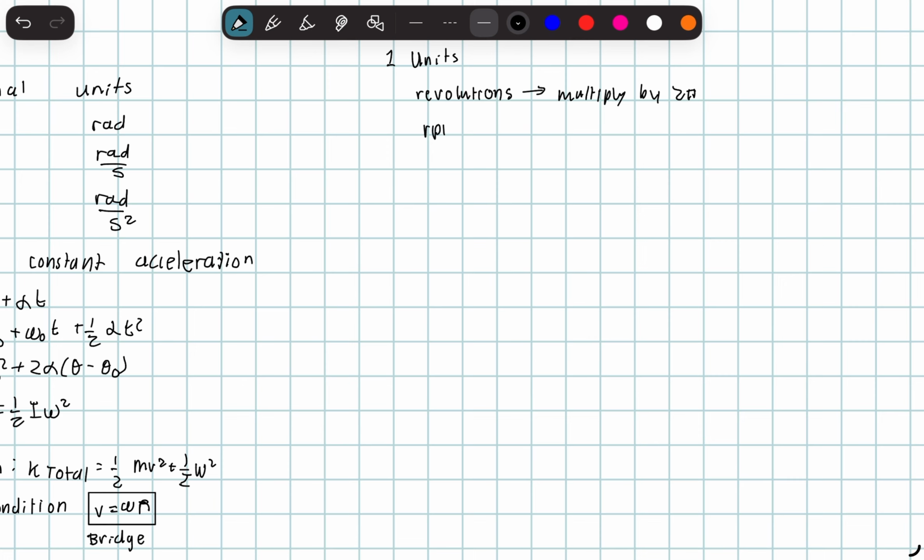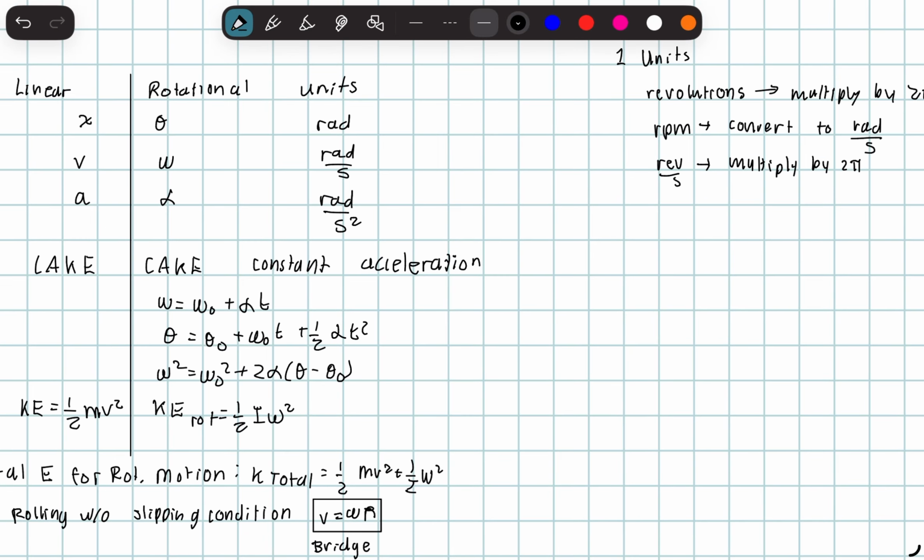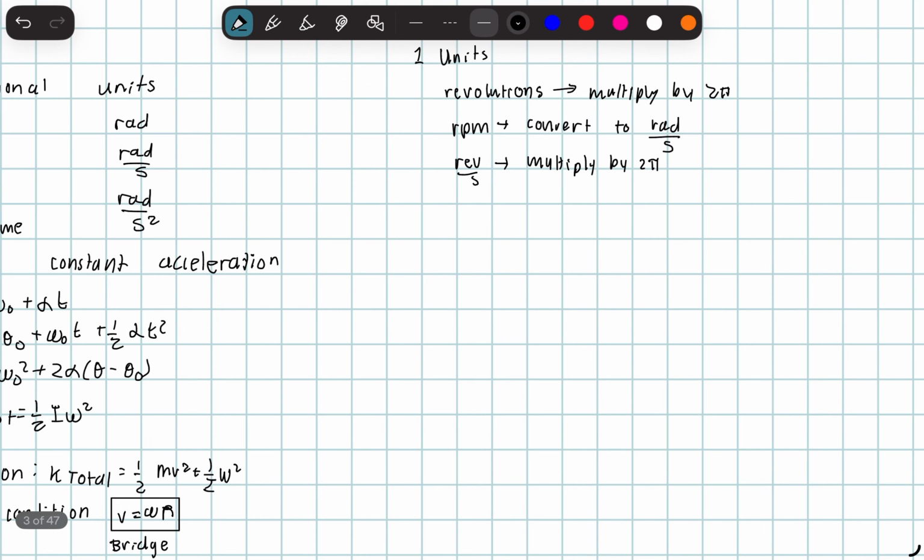If you have RPM, you need to convert to rad per second. And if you have rev per second, you need to multiply by 2 pi. Because all of these units, your time t, your angular acceleration alpha, your omega initial, your omega final, and your theta, they all require these units.